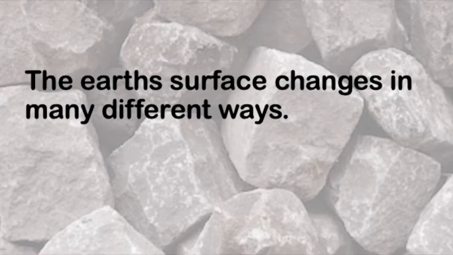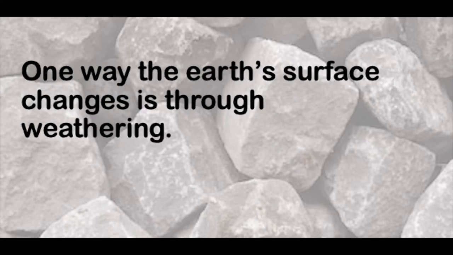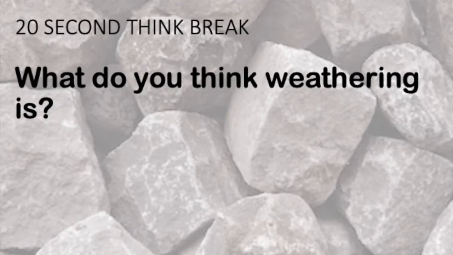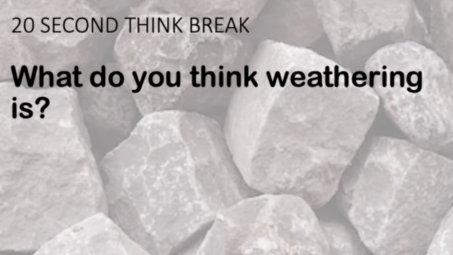The Earth's surface changes in many different ways. One major process that causes the Earth's surface to change is called weathering. Take 20 seconds and think to yourself, what do you think weathering is?